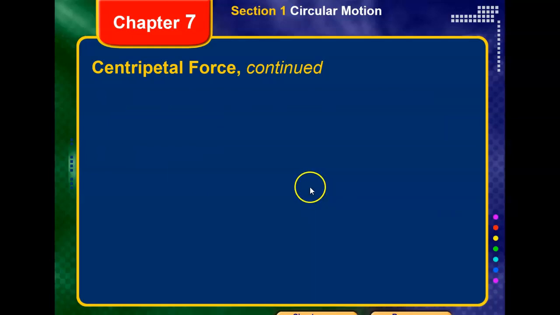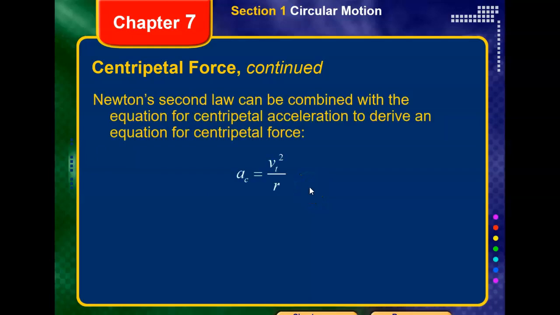So if we look at the formula for this, if we take centripetal acceleration from the previous slides, centripetal acceleration is tangential velocity squared divided by radius. Just like Newton's second law of motion, force is mass times acceleration.